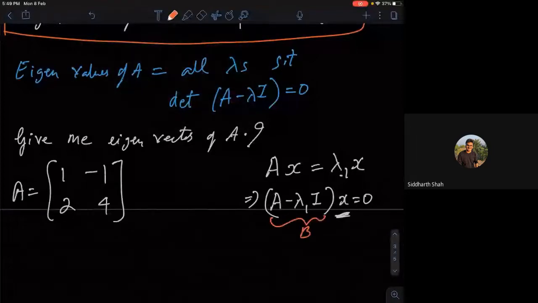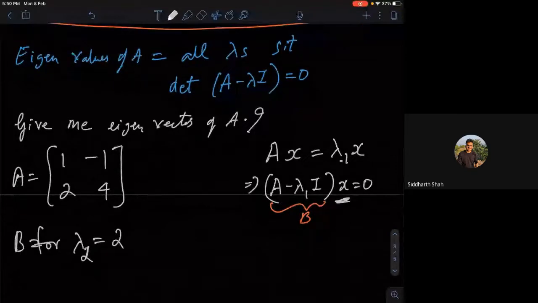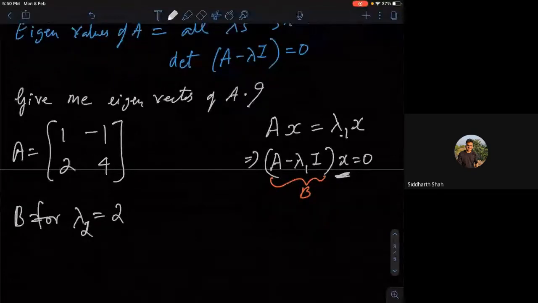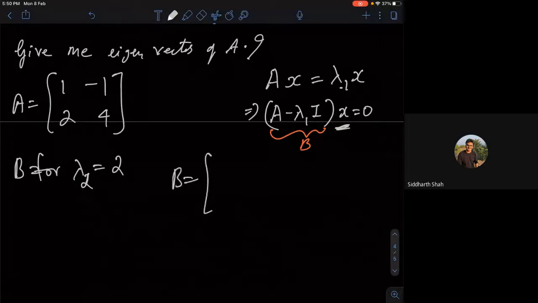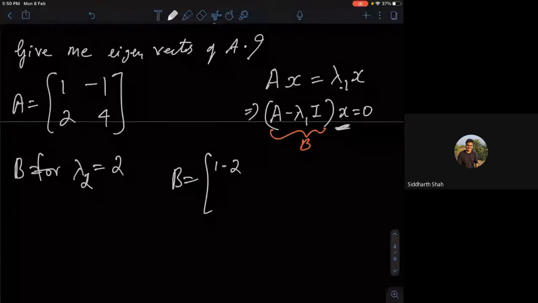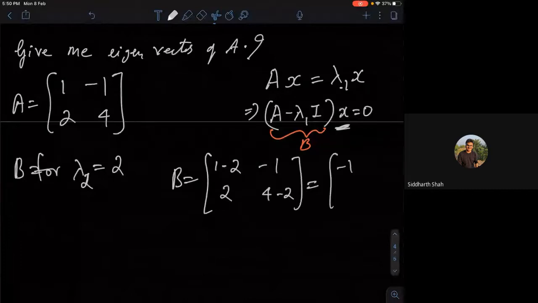Let's call this matrix B. Let's first do it for lambda equal to 2, because we already saw how to do it and we already know the answer. So B is 1 minus 2, minus 1, 2, 4 minus 2, which is minus 1, minus 1, 2, 2.